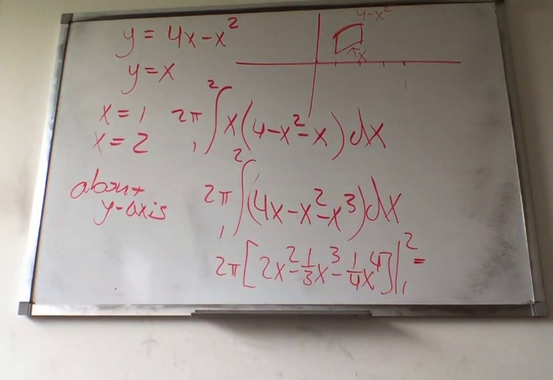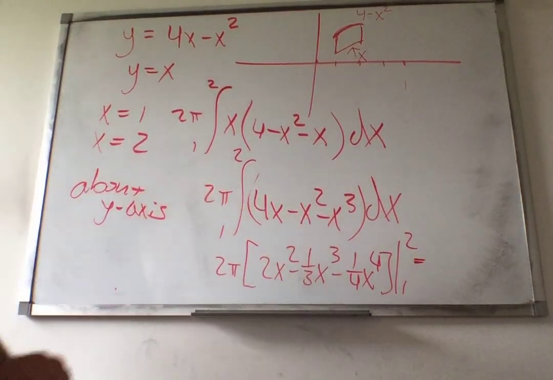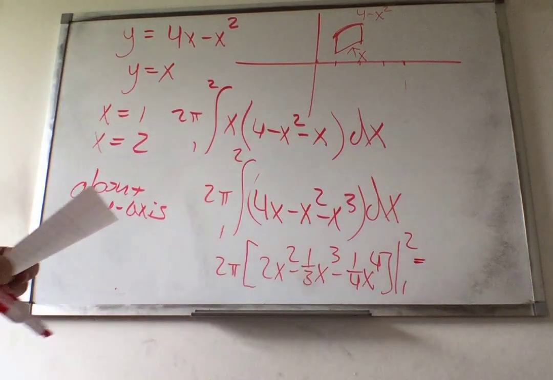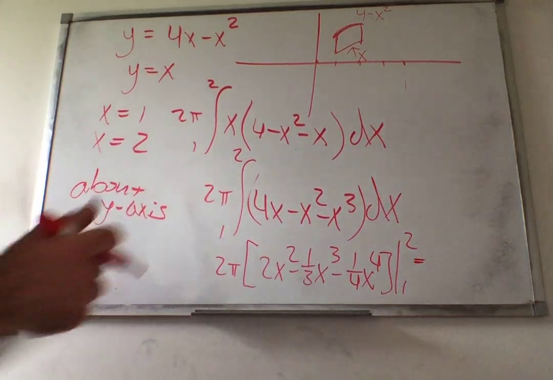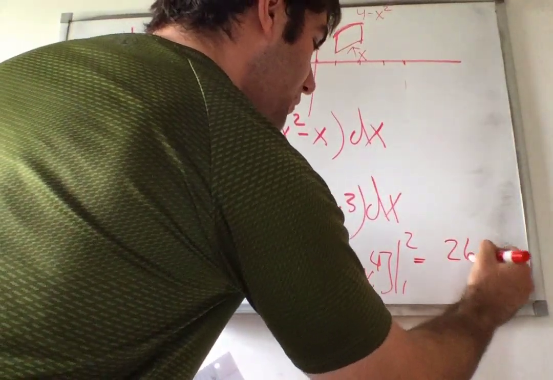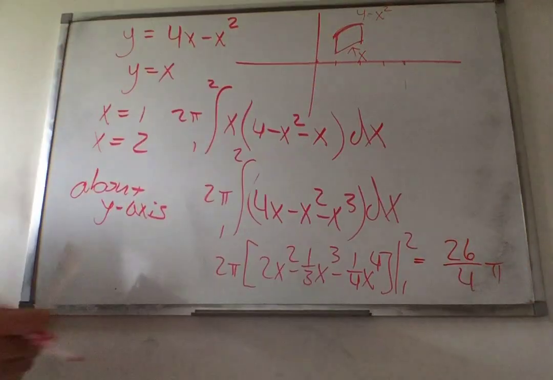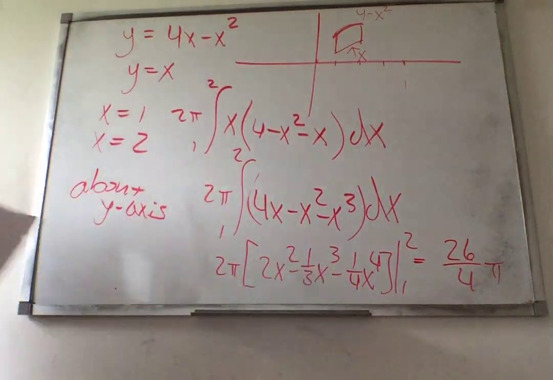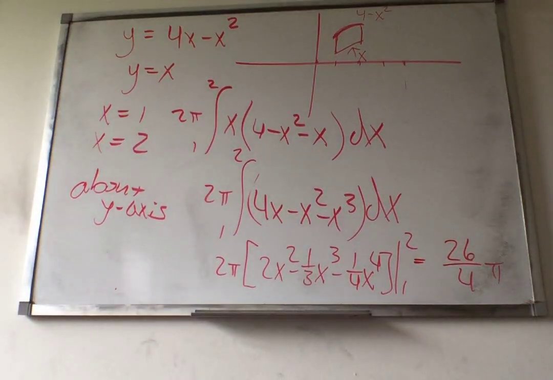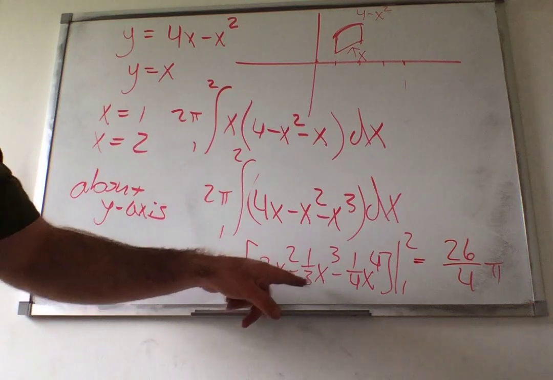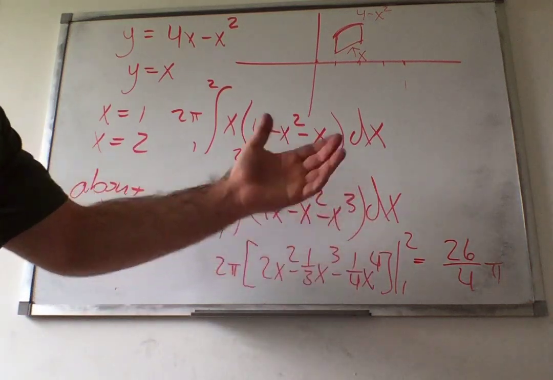Now, if you were to plug in 2 into here, and you were to plug in 1 into there, and you were to subtract their values and multiply by 2 pi, I get 26 over 4 pi. To do this, I'm using my calculator, okay? That's a lot of fractions to keep track of. If I plug in 2, let's see, 8 minus 8/3. That comes out pretty easy.